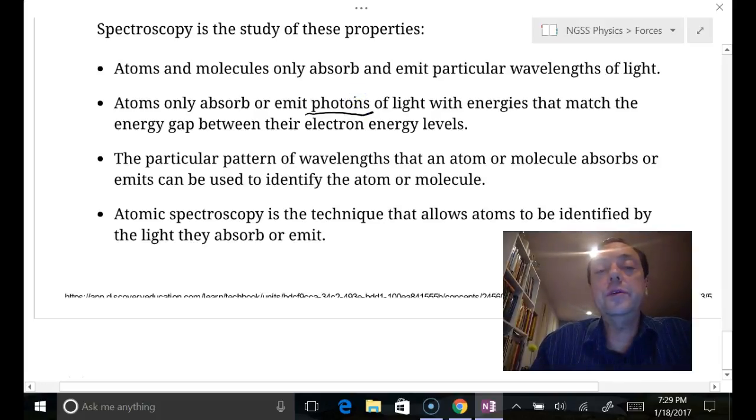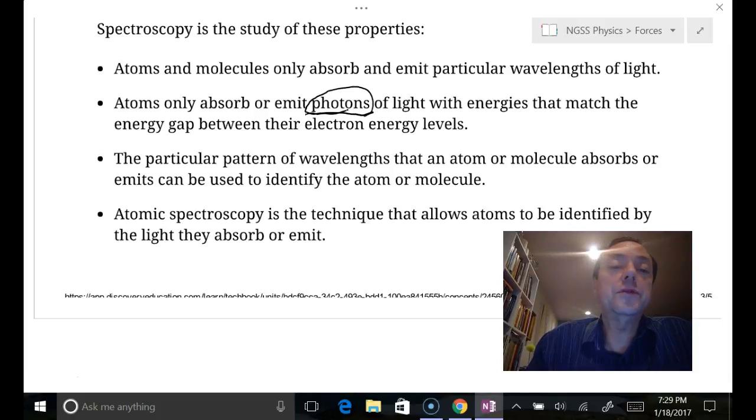Light can actually be seen as either a particle or a wave. And when we say photon, we're referring to light in discrete, separate packets, and that's what a photon means. Atoms only absorb or emit photons of light with energies that match the energy gap between their electron energy levels.